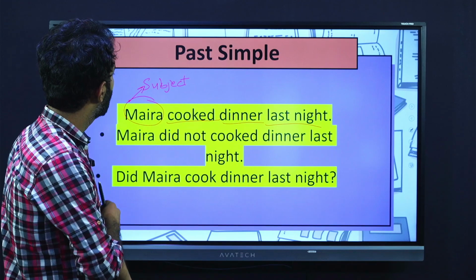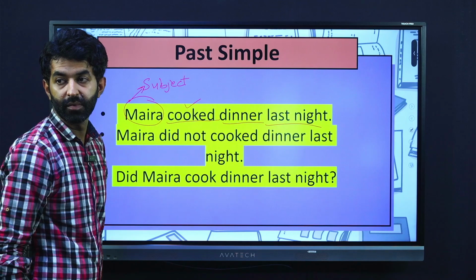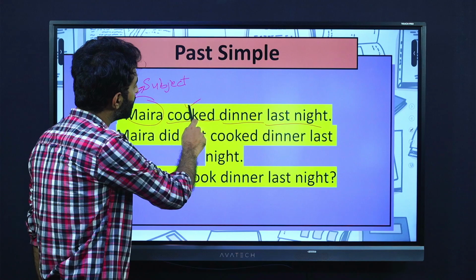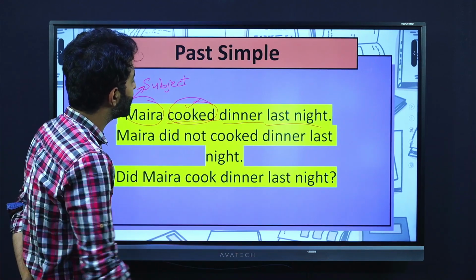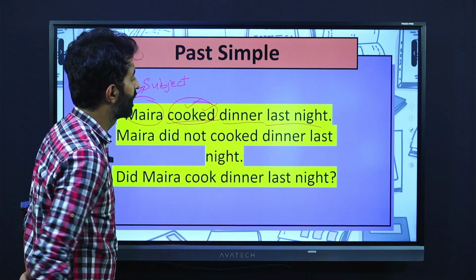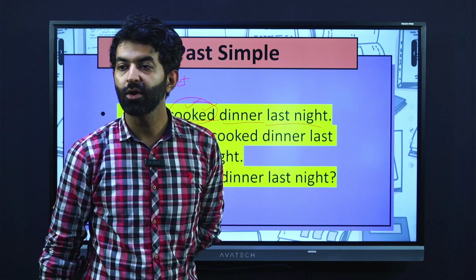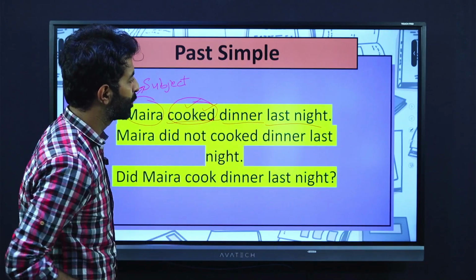All right. What is cook? Verb. What form? Second form. And is it a regular or irregular verb? Regular, because it is ending with ed. Dinner. What is dinner? It's an object. All right. And your complement.